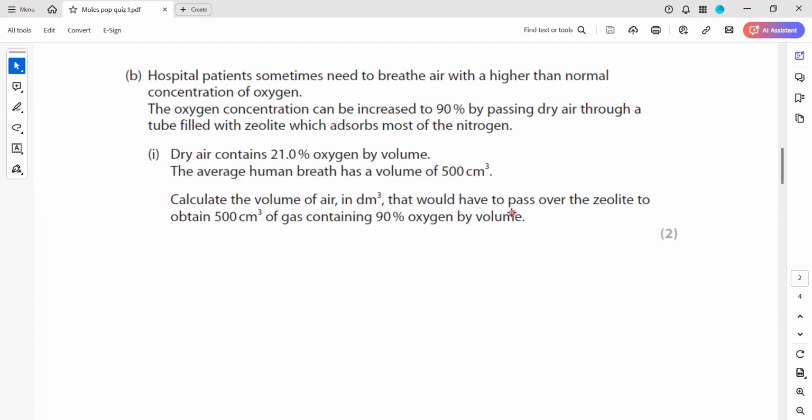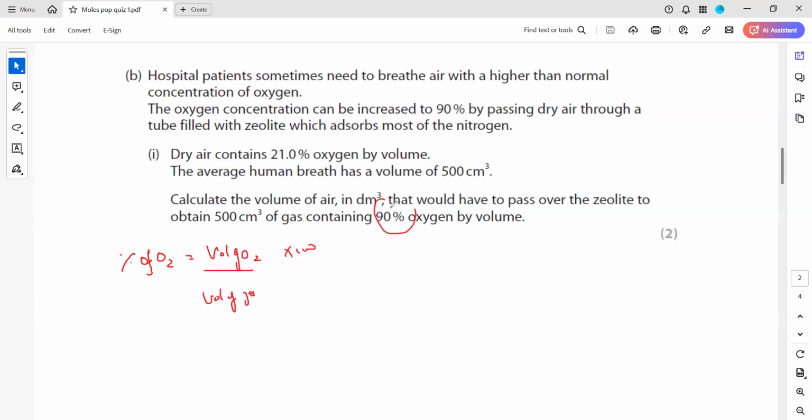So we need 90% of oxygen in the gas. If we have 500 cm3 of a gas, and we need 90% of oxygen, what volume of oxygen is there? Because the percentage of oxygen is equal to the volume of oxygen divided by the volume of the air or gas, times 100.